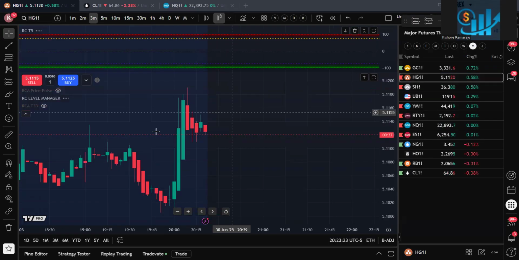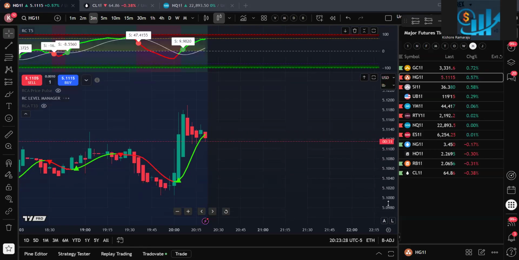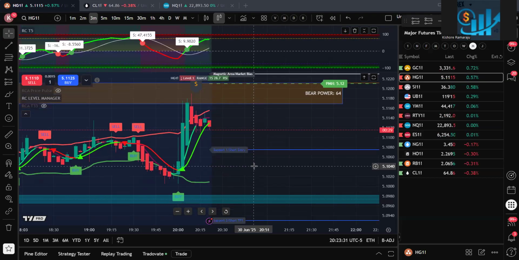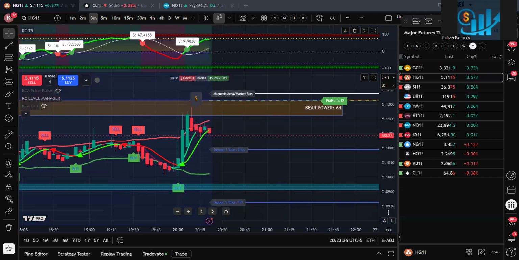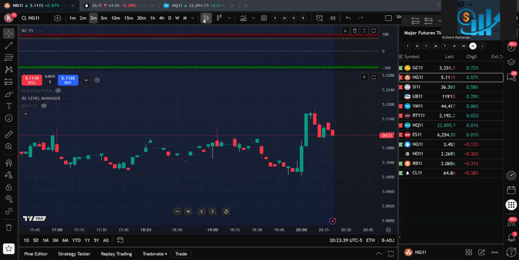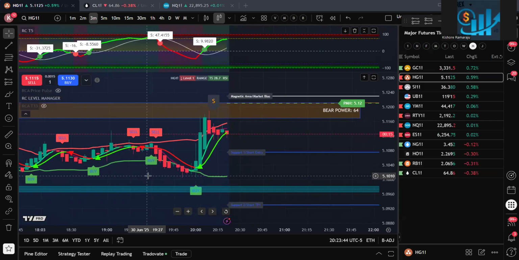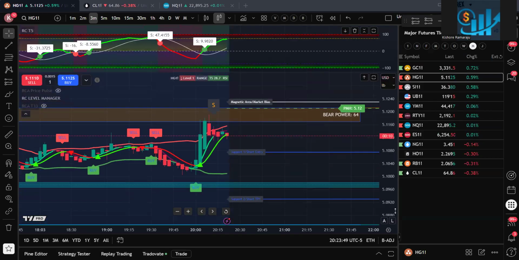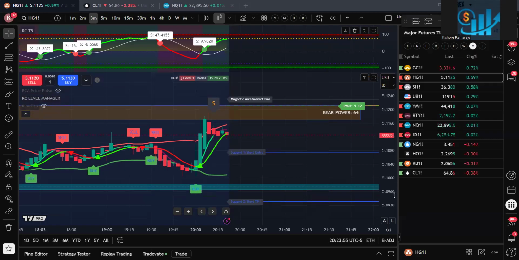In the same way, copper is also looking bearish.